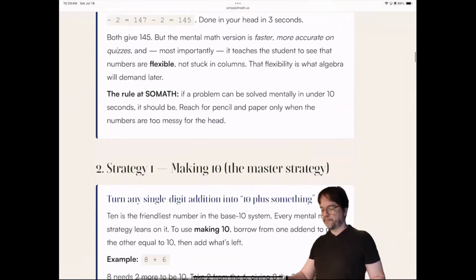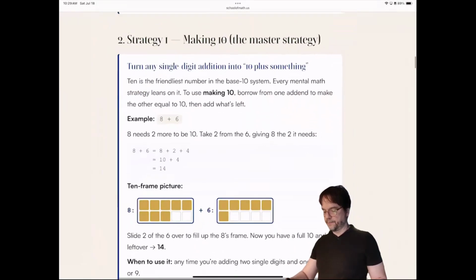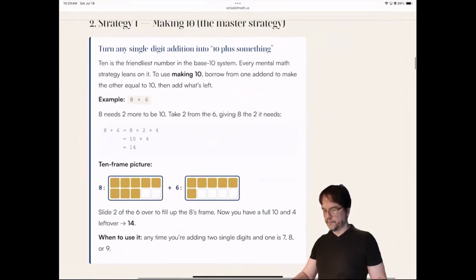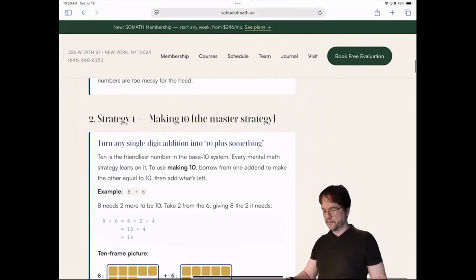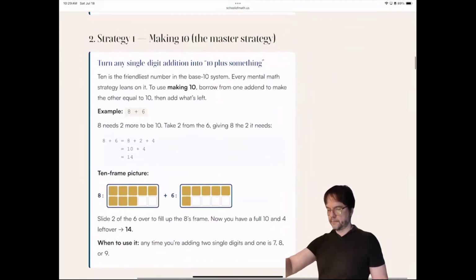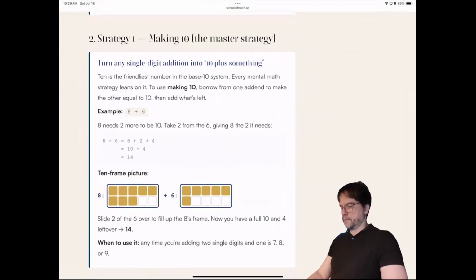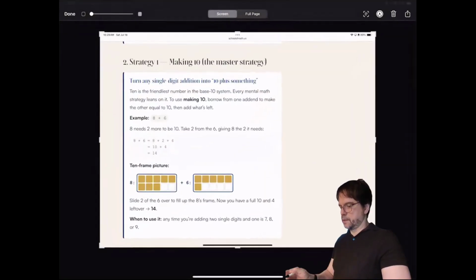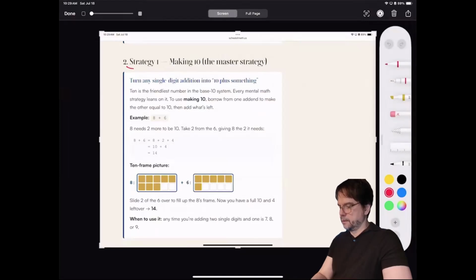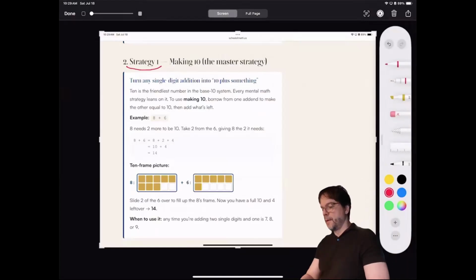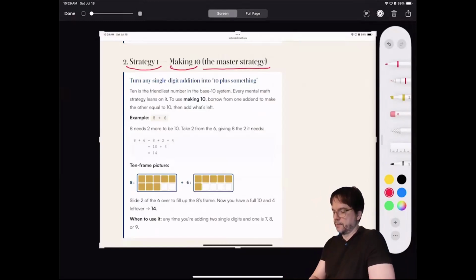Okay. Let's go to the second one. Here, make 10 the master strategy. Turn any single digit addition into 10 plus something.